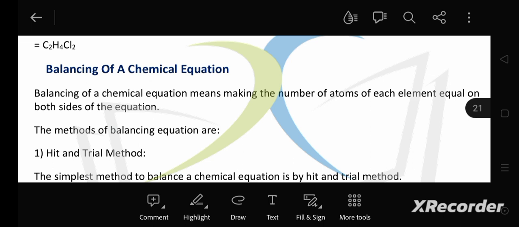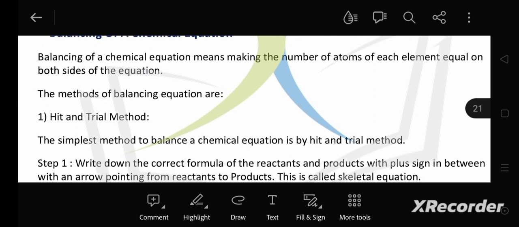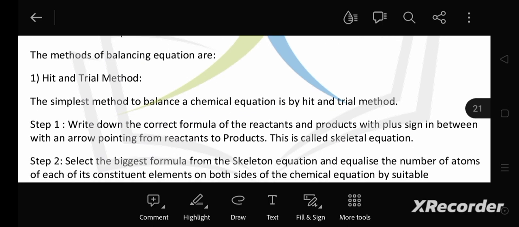As you already studied in class 10, we balance the equation so that the number of atoms is equal on both sides, on the reactant side as well as on the product side. The methods of balancing equations include the hit and trial method, which is the simplest method to balance a chemical equation.